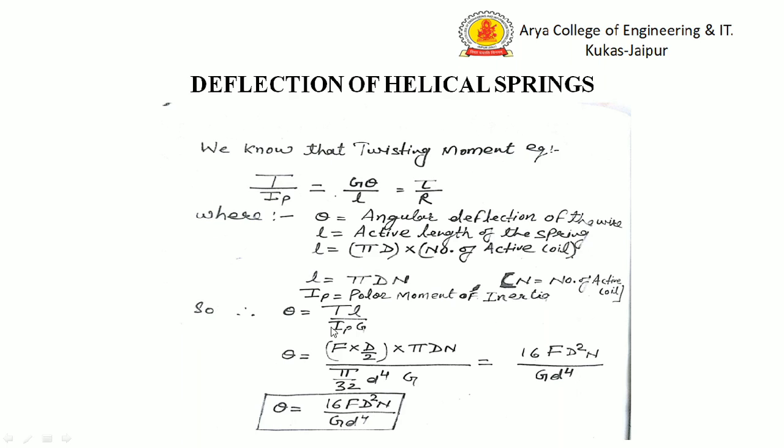By putting the values of T, L and IP in this equation, where T is equal to F D by 2, L is equal to pi D N, IP, the polar moment of inertia of the circular section, is equal to pi by 32 d4, and G is the shear modulus or modulus of rigidity, we get theta is equal to 16 F D square N upon G d4. Theta is the angular deflection of the wire.